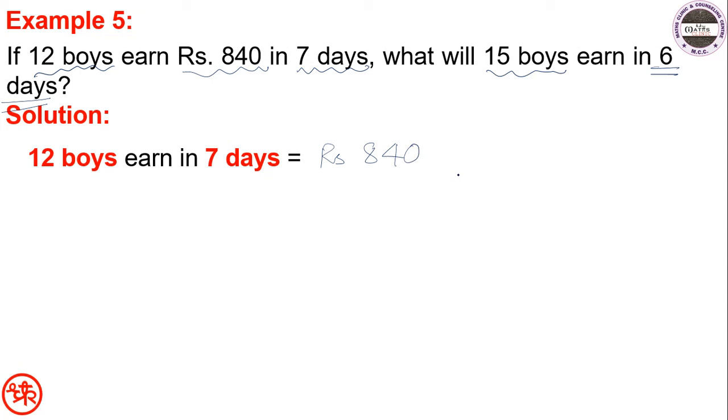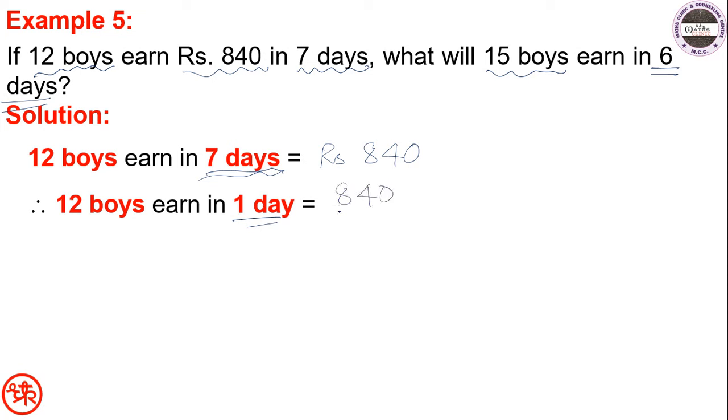Now, in one day, 12 boys will earn what? From 7 days to one day we have to find. So what do we do? We divide by 7. So 840 divided by 7. And that is equal to what? 7 1 is 7. 7 12 is 84 and 0.